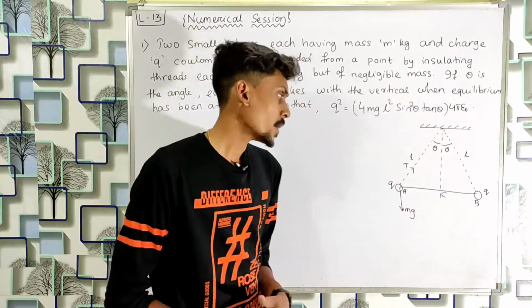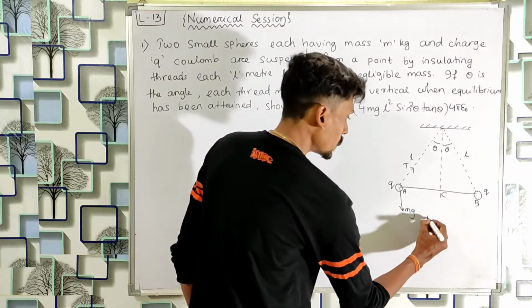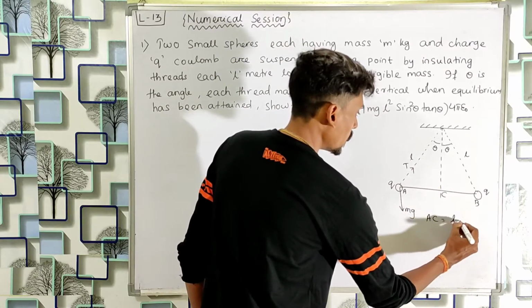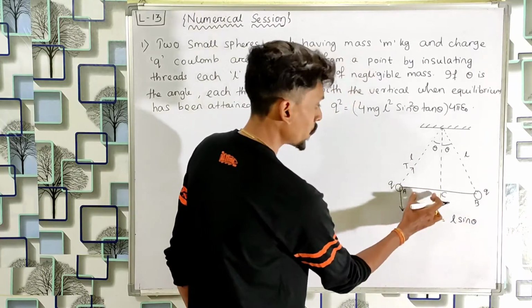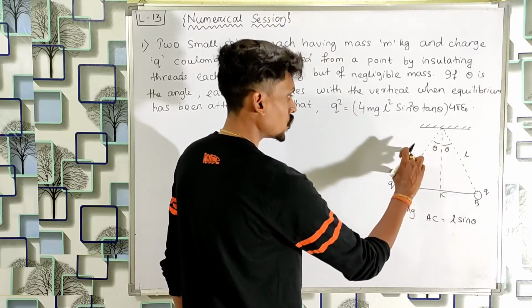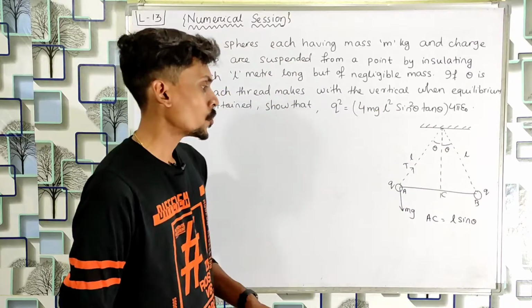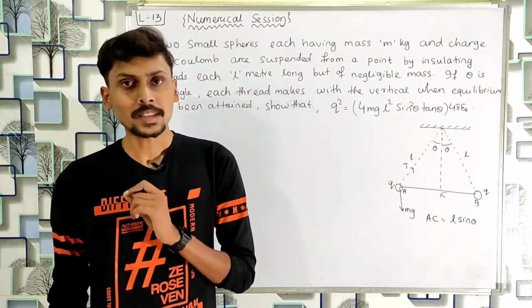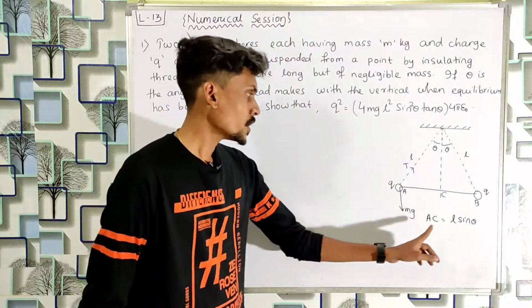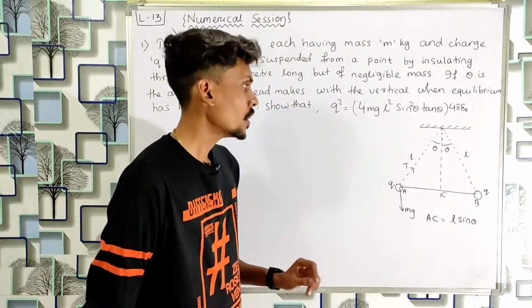So in this diagram you can see that AC will be L into sin theta. This is P, this is B, this is H. So P by H is equal to sin theta. So P will be equal to H sin theta. And what is H? H is equal to L. So AC will be L sin theta.